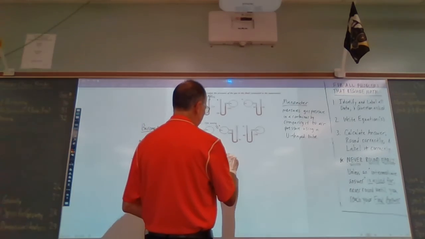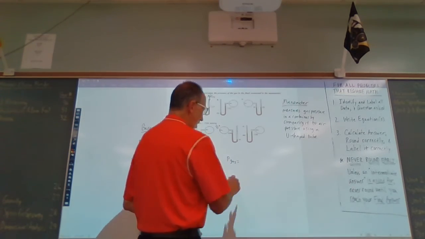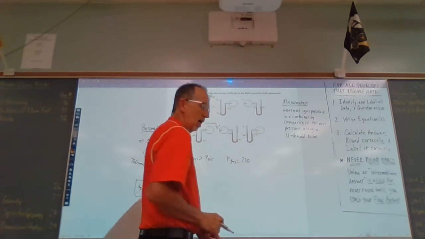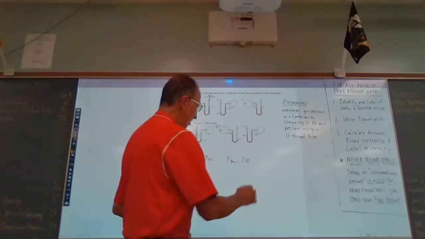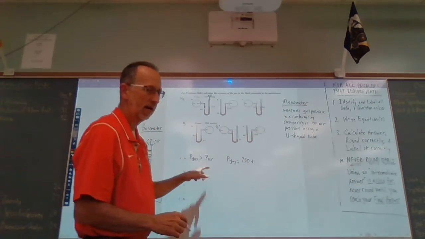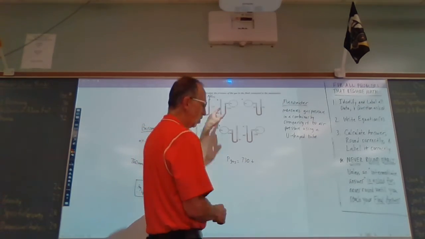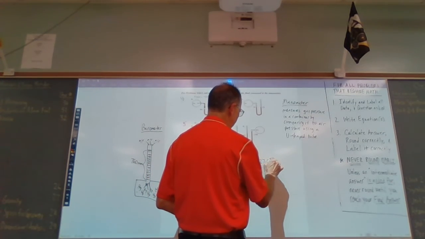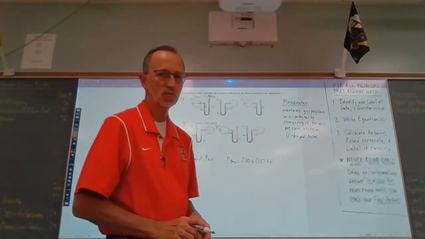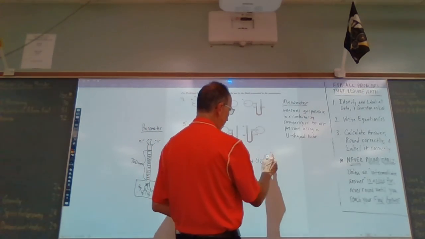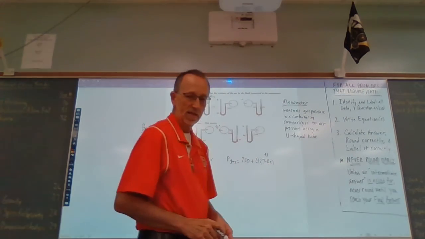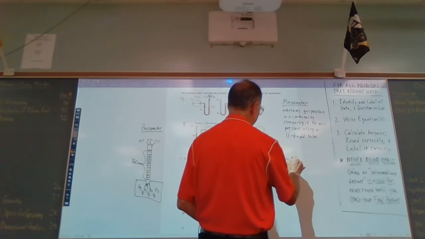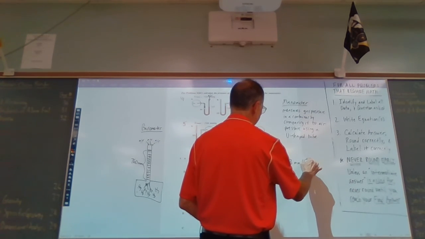So the pressure of the gas is equal to the pressure of the air, 730, plus the difference between these two readings. 127 minus 84. Just take the larger one minus the smaller. That's 43. So the pressure of our gas is 773 millimeters of mercury.